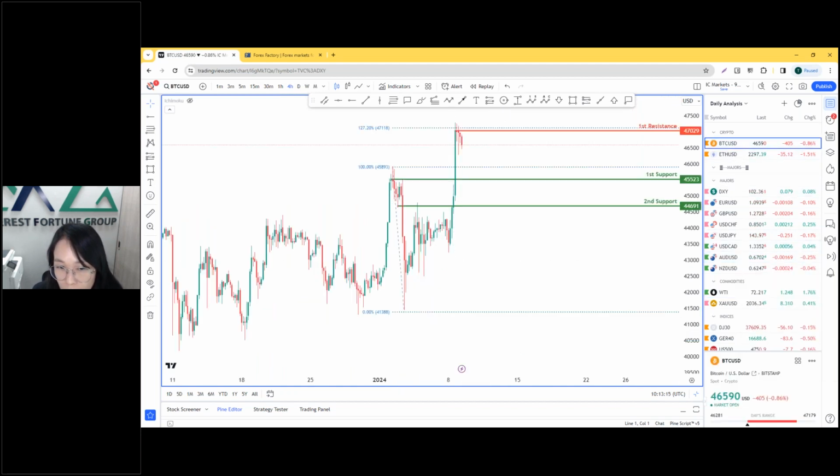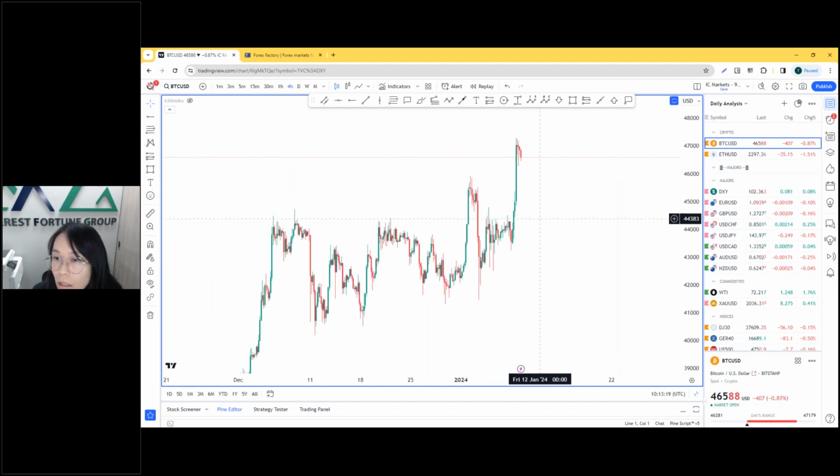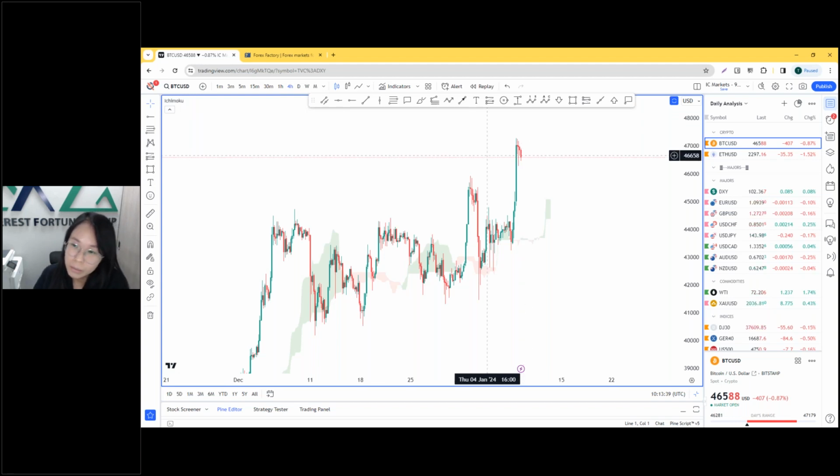And take a look at Bitcoin. Okay, so for Bitcoin, it's very bullish, but it's coming down. You can see that the price has reversed off the all-time high here. Okay, it looks pretty similar to what happened at the beginning of the year. So it's reversing off.